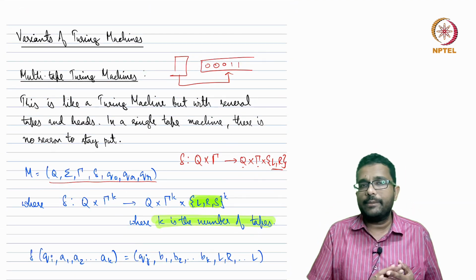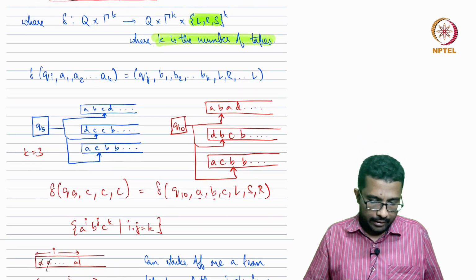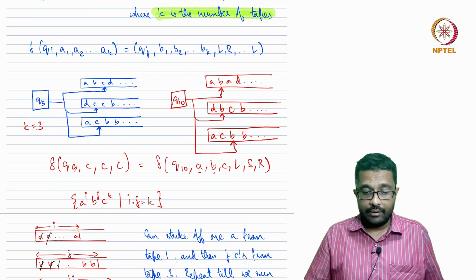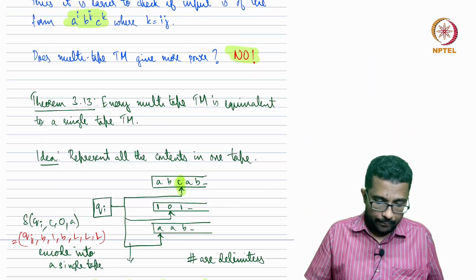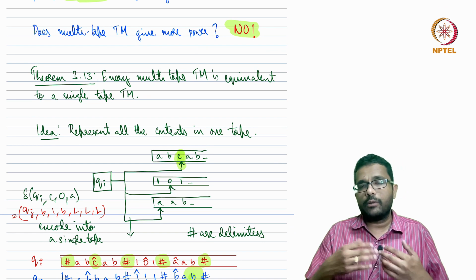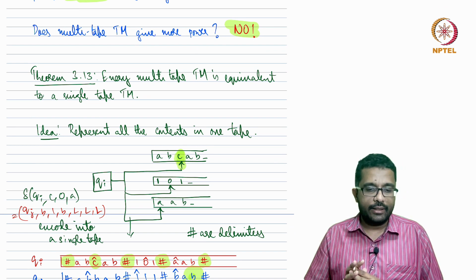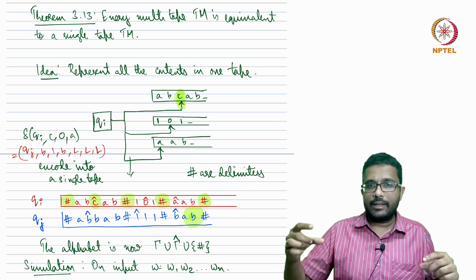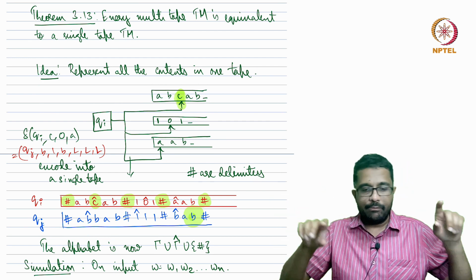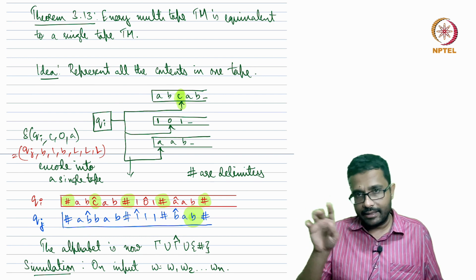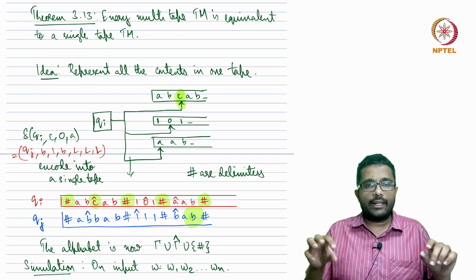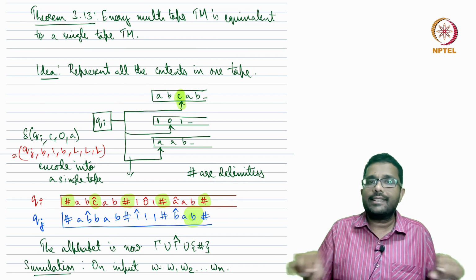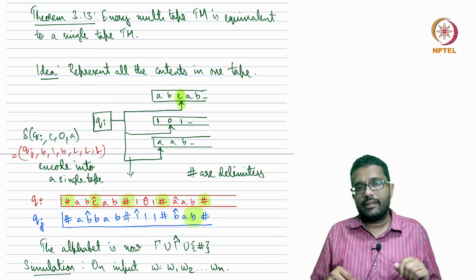So we saw the multi-tape Turing machine model, and we saw how it computes, and we saw that it is not any more powerful than a single tape Turing machine. The idea of this proof was that you can encode the contents of multiple tapes into a single tape. Using these delimiters and these hat symbols, we can create virtual tapes in the single tape itself, right?